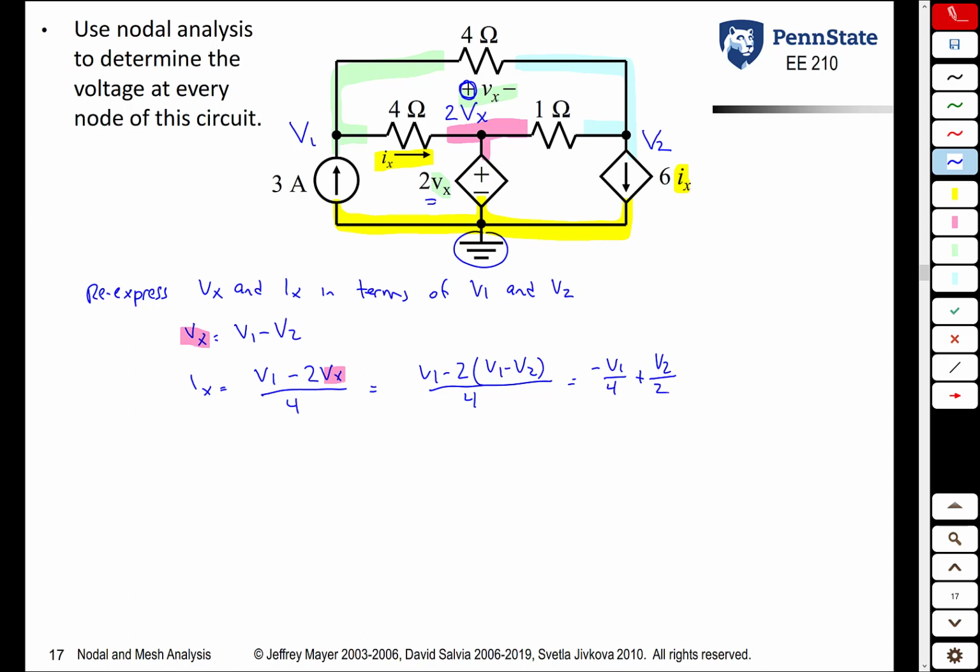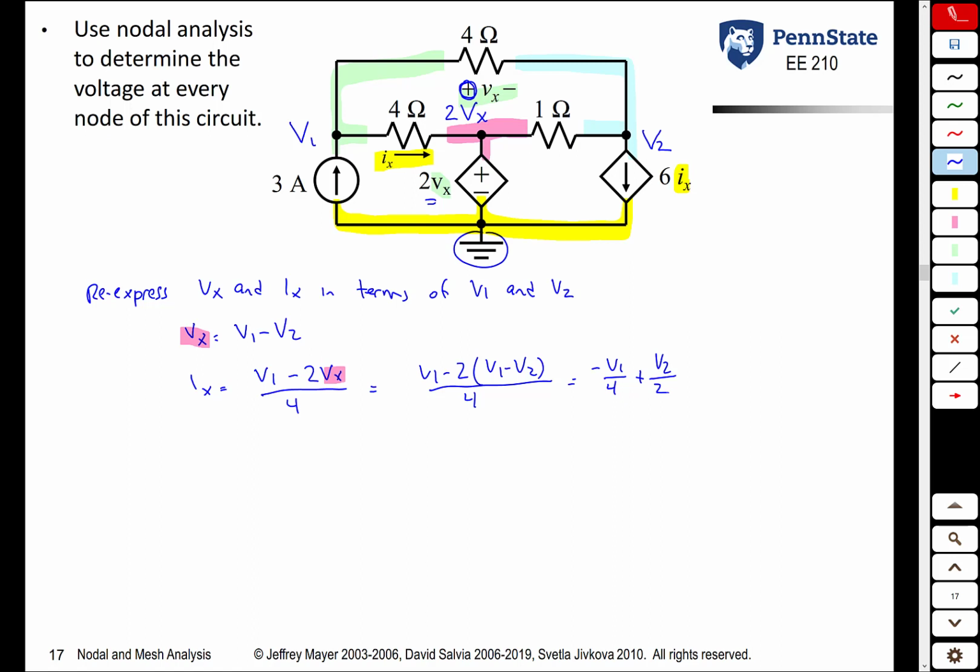So this was the added step that we needed to deal with because we have the dependent source. Once you express our two controlling variables, Vx and Ix in this example, in terms of the node voltage variables that you want to keep, in this example V1 and V2, we're now ready to write the KCL equations.